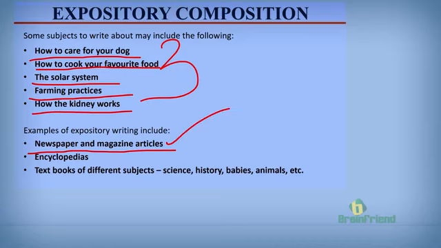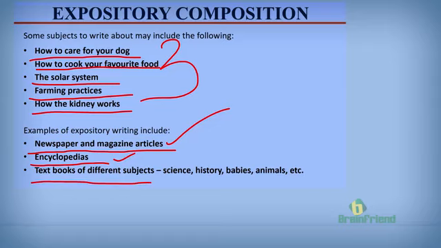We also have encyclopedias or dictionaries, books that explain concepts, words, phrases and what have you. These materials provide information about the words we use. So they are also good types of expository writing. We also have textbooks on different subjects.